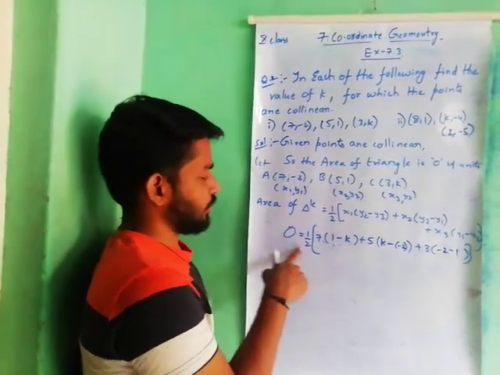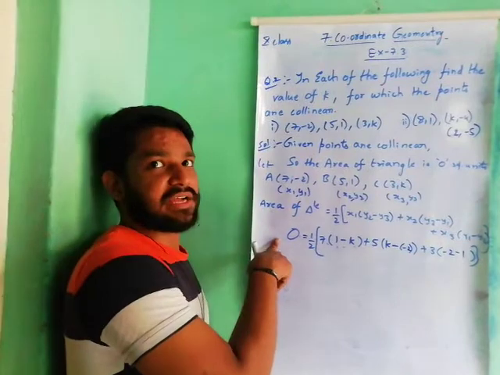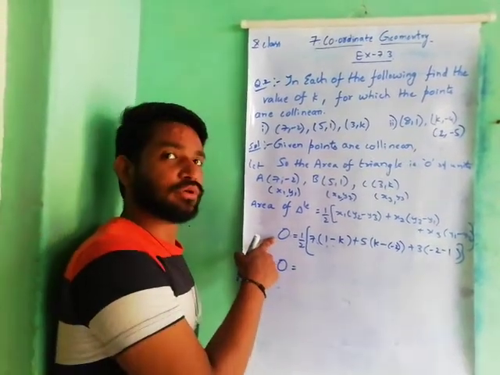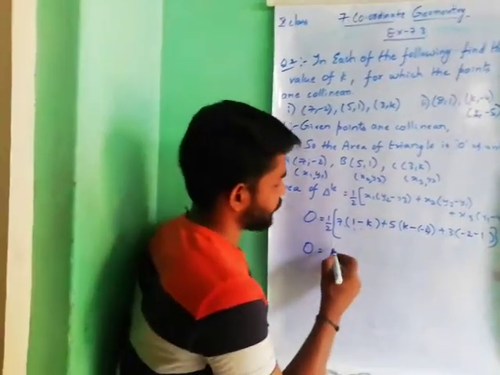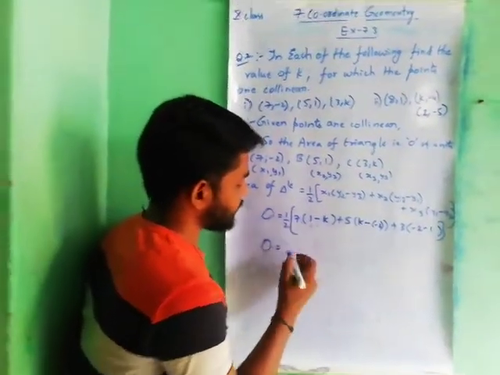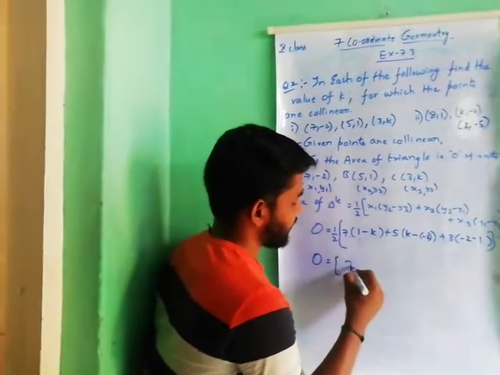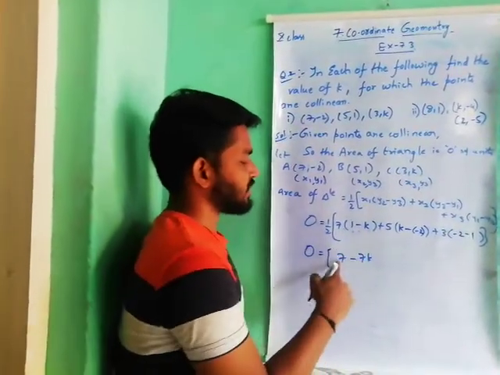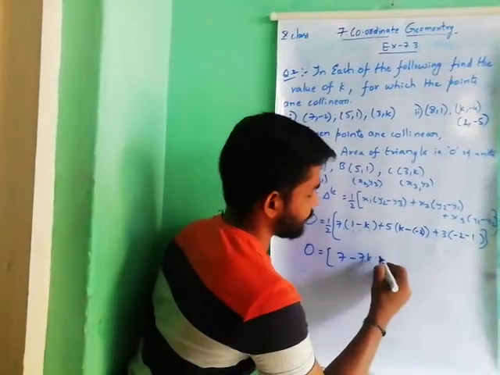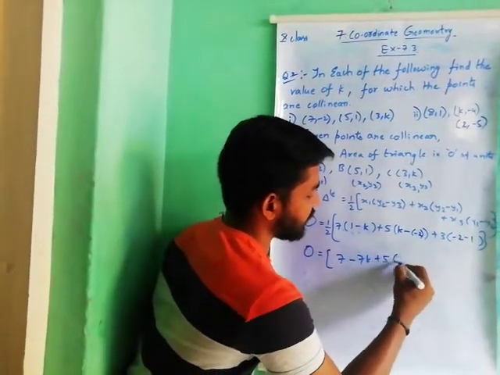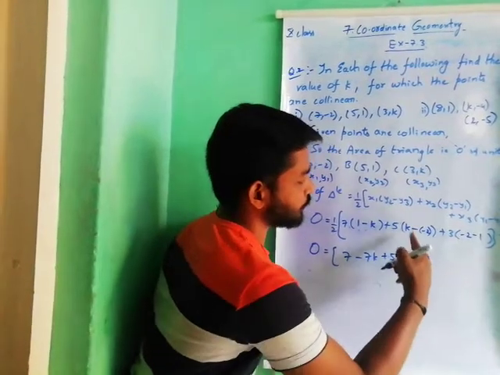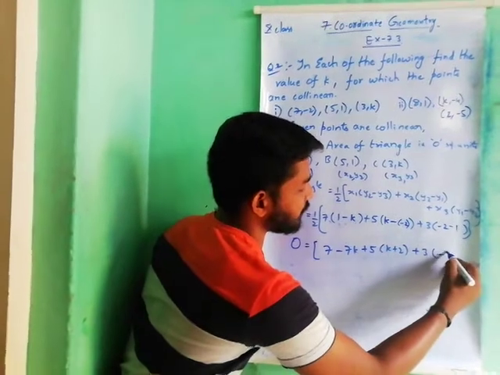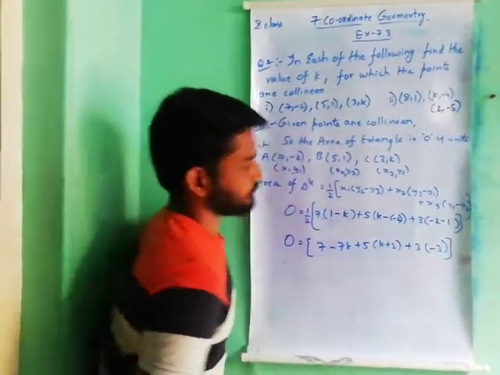So the 2 goes to the left hand side, and by cross multiplication the total value becomes 0. So multiplying: 7 into 1 is 7, minus 7k, plus 5 into k plus 2, plus 3 into minus 2 minus 1, which is minus 3.